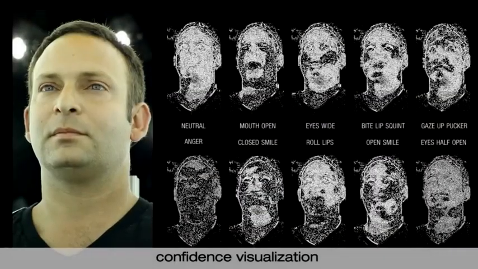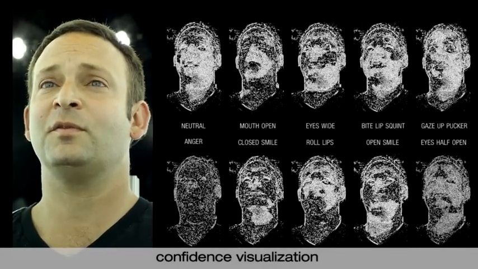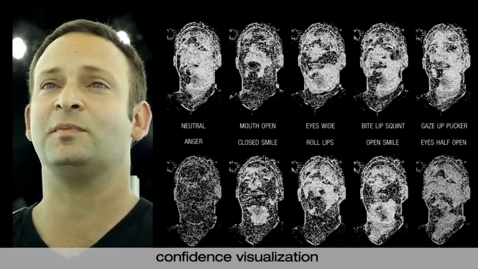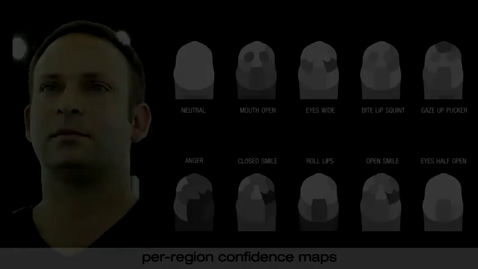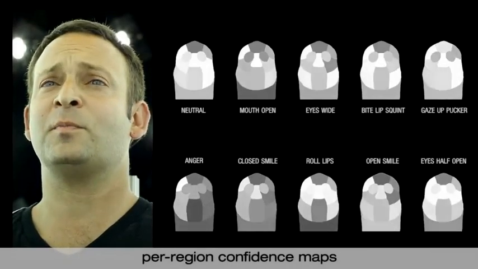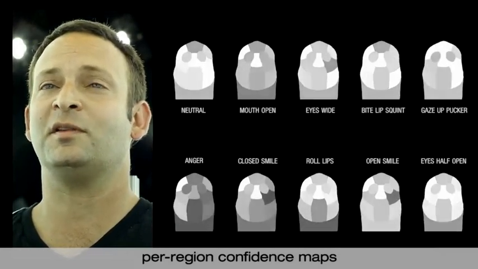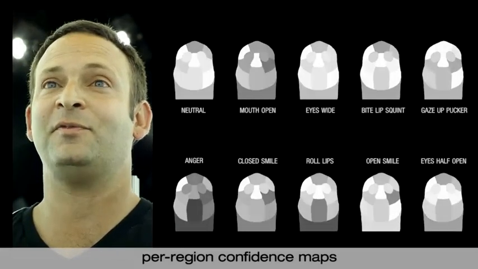And here we see a visualization of the matching quality, where a brighter gray represents a better match. And then we also aggregate the match quality over facial regions, and this helps us decide which expressions we're going to use to composite each frame.